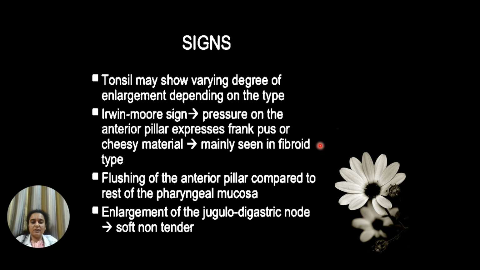Then the flushing of the anterior pillars compared to the rest of the surroundings, and the enlargement of the jugulodigastric node, which is non-tender. It was tender in acute. So these are the four cardinal signs: tonsillar enlargement, Irwin Moore sign positive, flushing of the anterior pillar, and jugulodigastric lymph node enlargement.